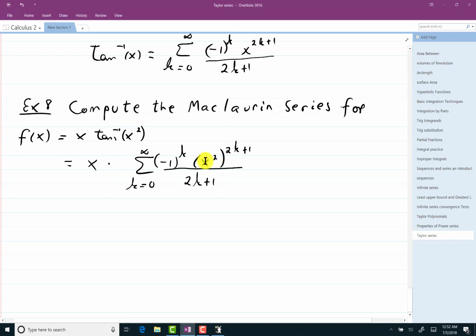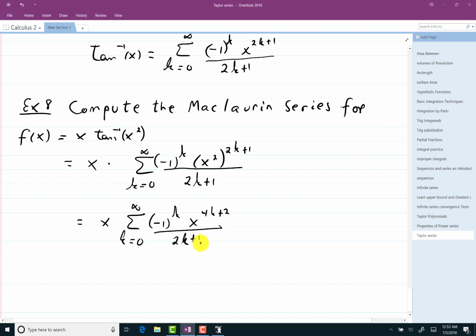When I raise x squared to the 2k plus 1, you multiply these exponents, and you get x times the sum, k equals 0 to infinity, negative 1 to the k, and then I'll have x to the 4k plus 2, all over 2k plus 1.